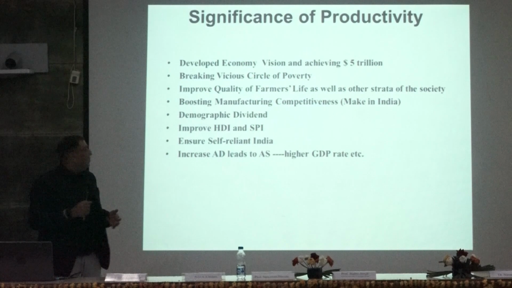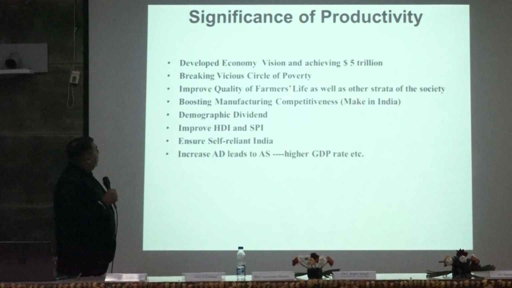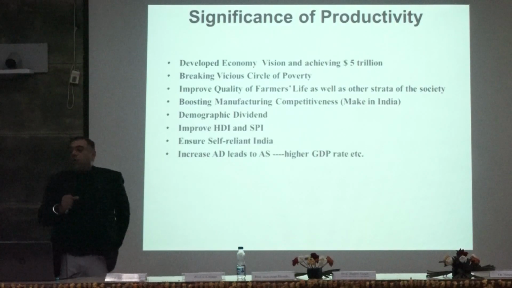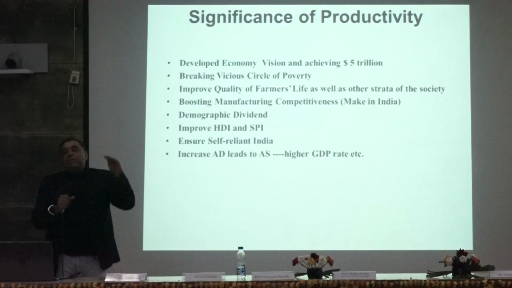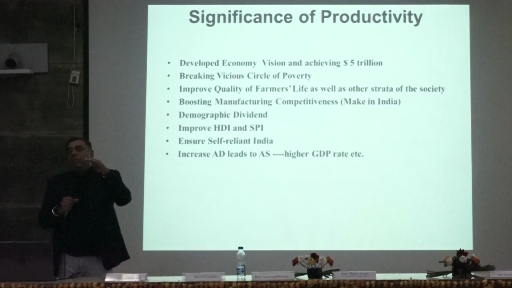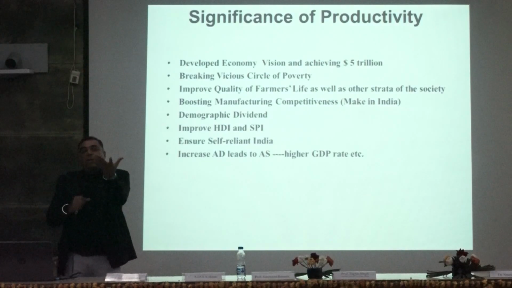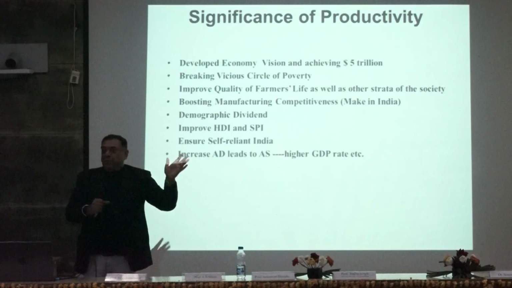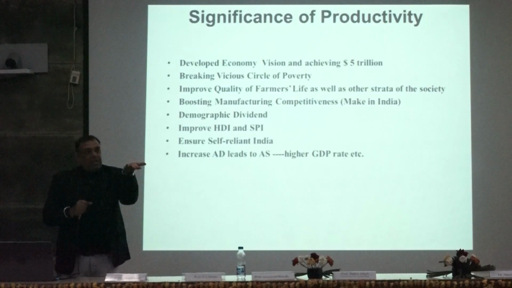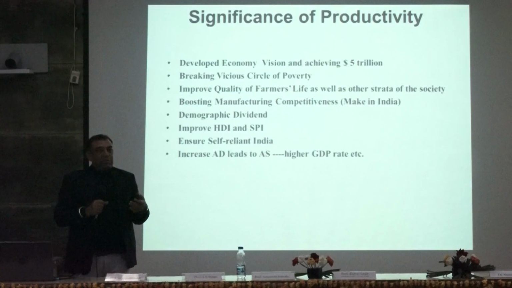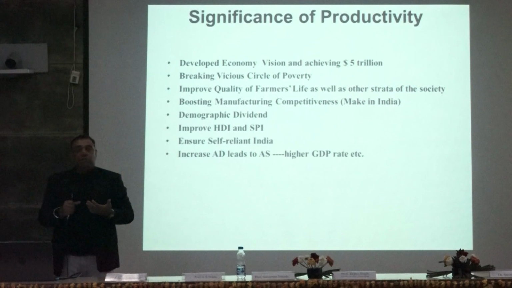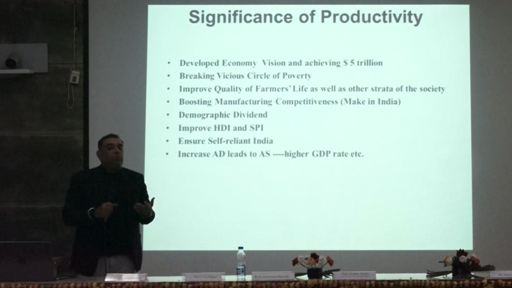Then boosting the quality of life of the farmer as well as the other sides of society. If you increase the total factor productivity, that will increase the aggregate output. Aggregate output means your GDP is big. And if your GDP is big, that means you have more per capita income, and your population is economically good.